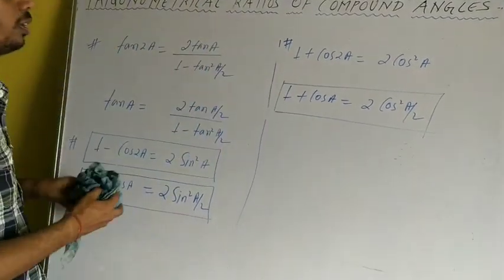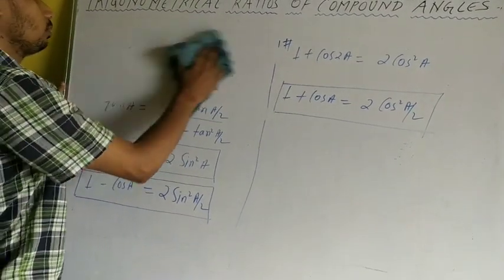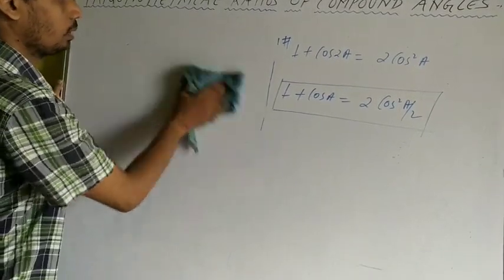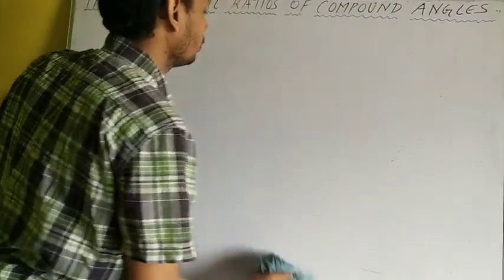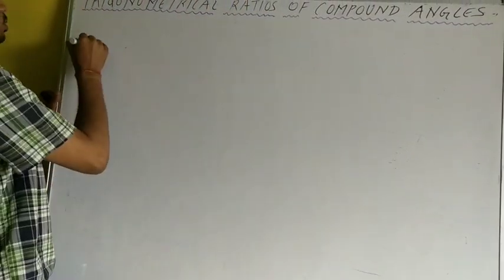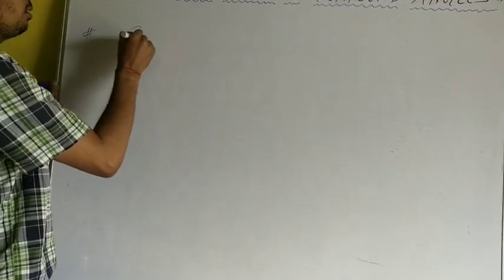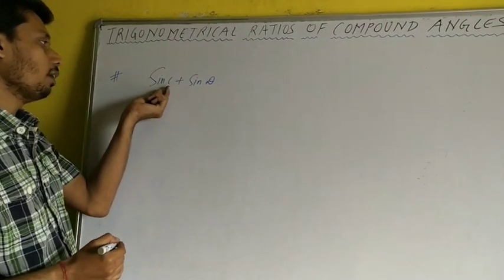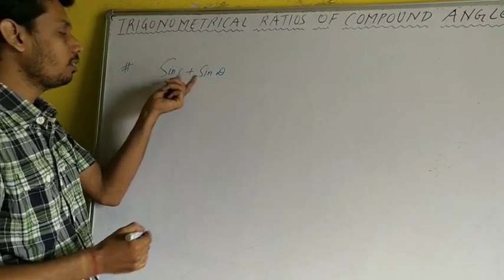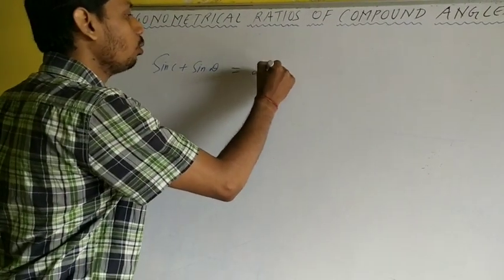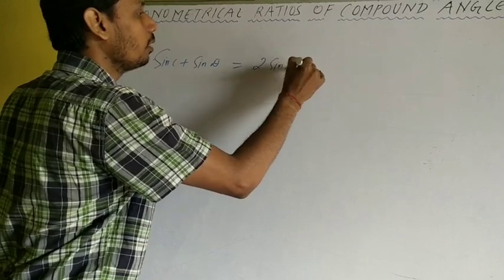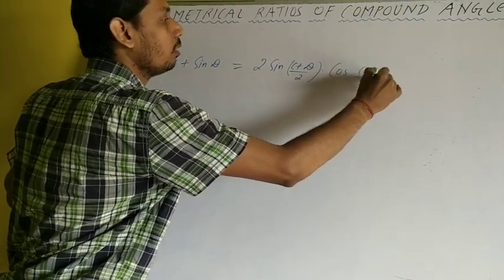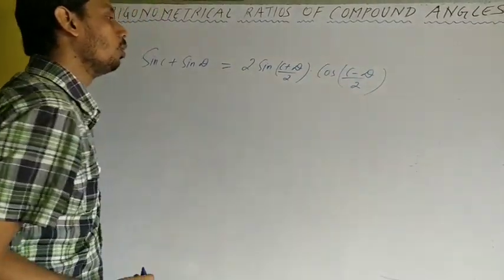Now next, sin C plus sin D: sin of some angle plus sin of another angle. Sin C plus sin D is twice sin (C plus D) by 2 into cos (C minus D) by 2.